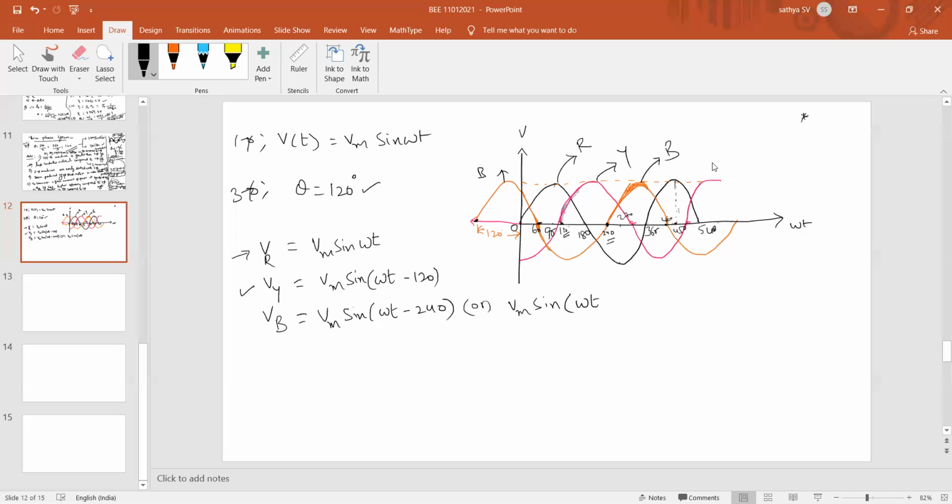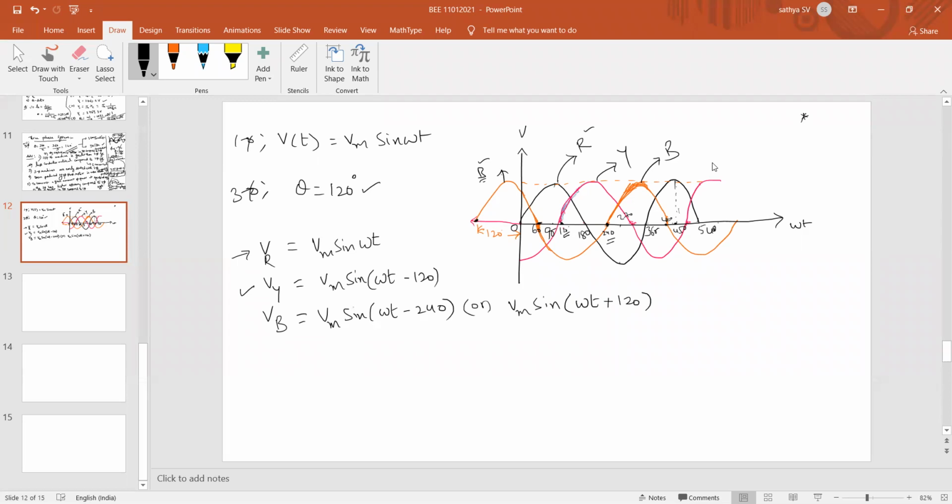With respect to R, which waveform started earlier, R or B? B waveform is started earlier, right? Starting earlier in the sense that it leads, right? Lead. Okay, so leads in the sense plus 120.